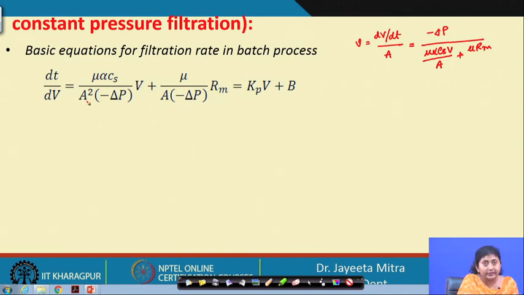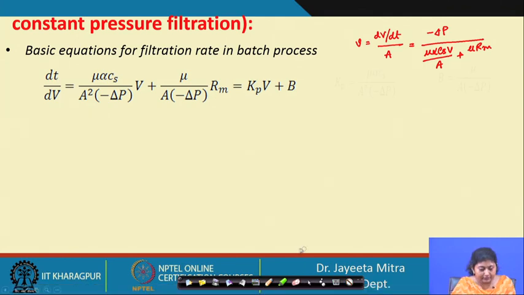A is the cross sectional area of the filter media, mu is the viscosity of the filtrate, alpha is the specific cake resistance of the cake that has been deposited, Cs is kg of the solid present per meter cube of the filtrate, capital V is the volume of filtrate that has passed through in time t, minus delta P is the total pressure drop across the flow line, that is through the cake plus the filter media, and Rm is the resistance of the filter media.